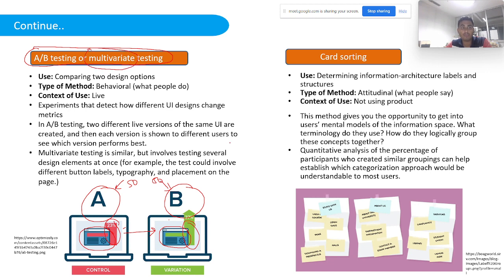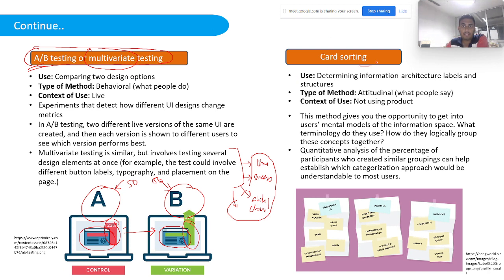Then we need to look for data where the data includes various information like the time, success, ability to choose or change. So all sets of data may be involved in comparing these two interfaces. So this is how we do A/B testing.